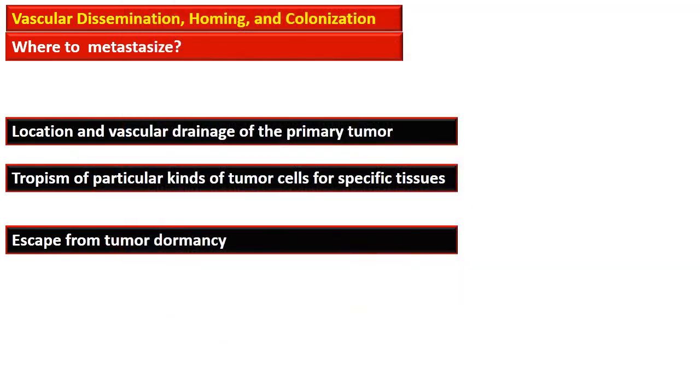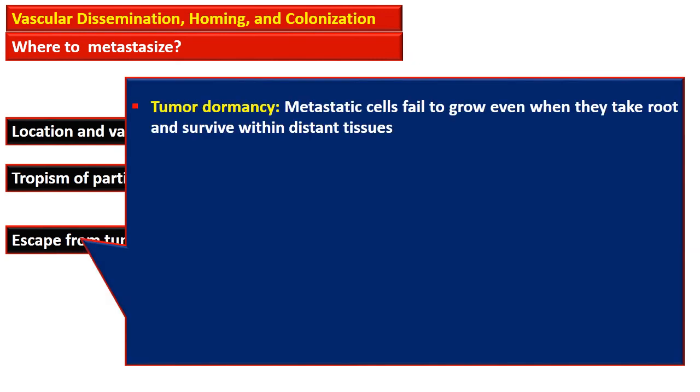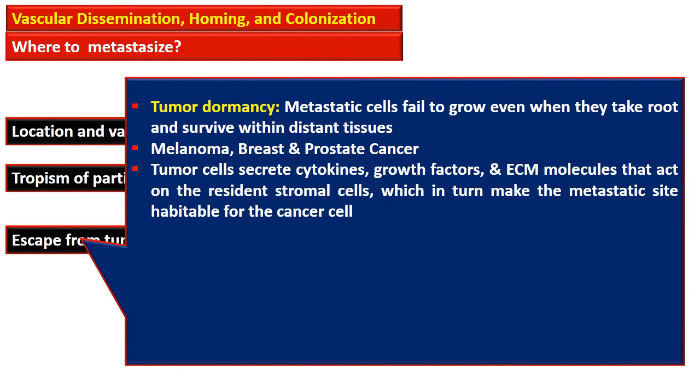Then there is another factor, that is escape from tumor dormancy. As we have seen, the metastatic cell may fail to grow even when it takes root and survives within distant tissue, such as in melanoma, breast and prostate.